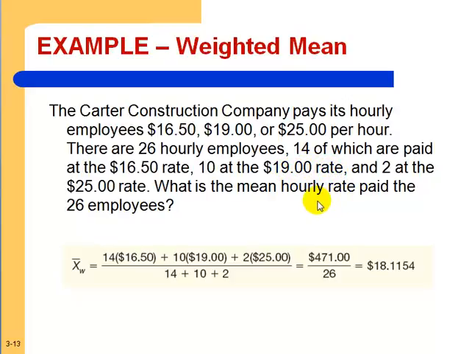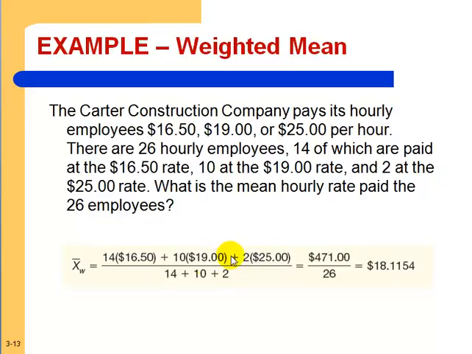So how do we find the weighted mean for this group of data? X bar equals 14 observations times 16.5, the value they share, plus 10 observations times 19, plus 2 times 25, because 2 people are paid at the same rate of $25.